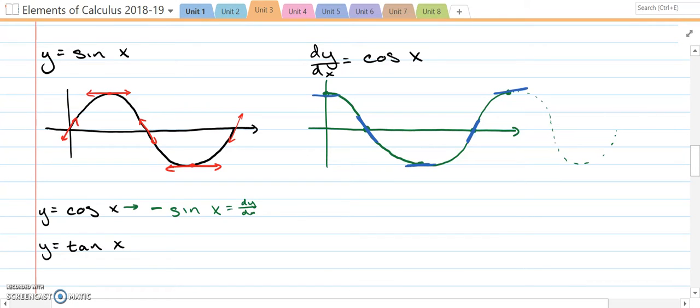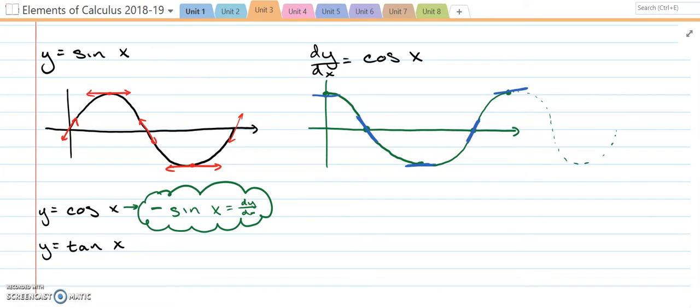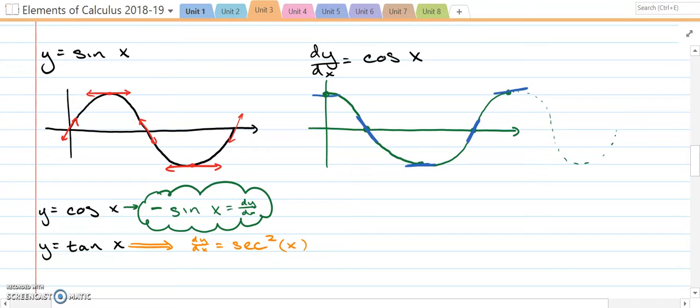And so as we continue to build this toolbox full of derivatives, you have now added two of them to it, the trig. And there's one third piece of trig that you need to know. I'll skip the proof on it. I'll skip the graphing. You need to understand that the tangent is going to become dy dx equals the secant squared of x.